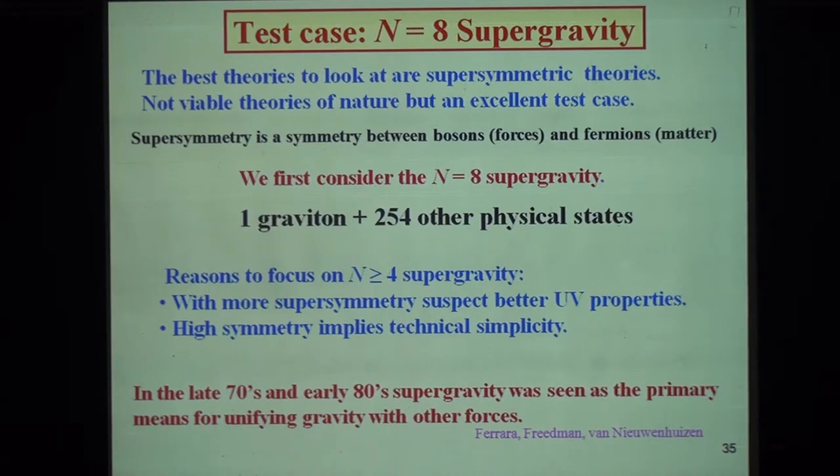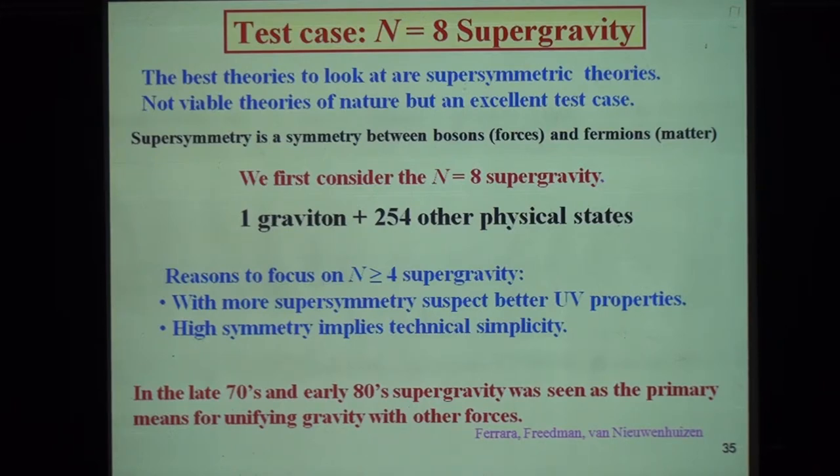Maybe some of you have heard the propaganda of supersymmetry, how it solves ultraviolet problems of various kinds. But anyway, we clearly want more supersymmetry to have a fighting chance of finding a theory where there's no ultraviolet divergence. And then, of course, high symmetry means technical simplicity.